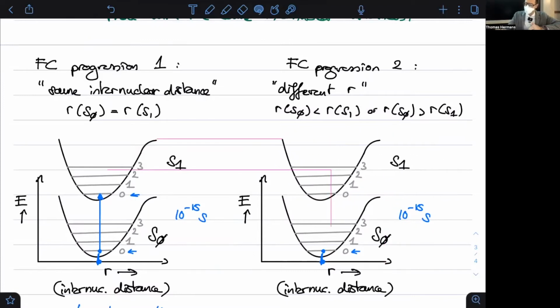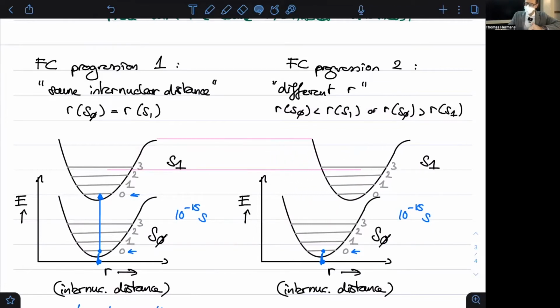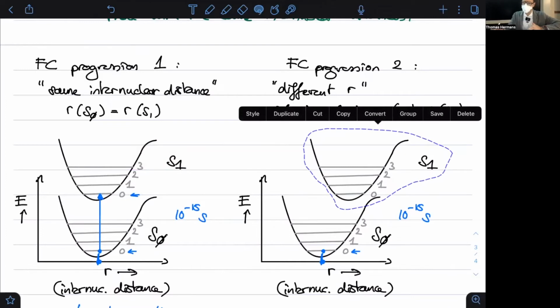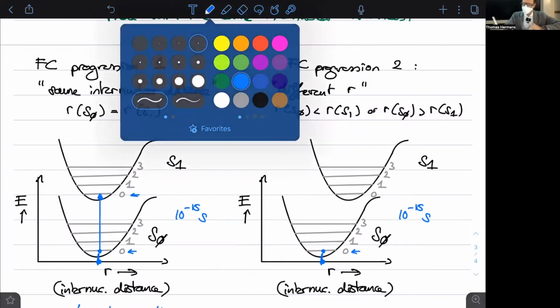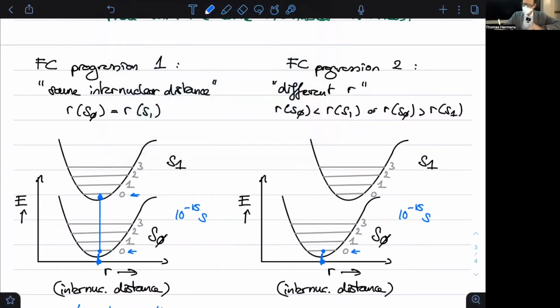I'm changing the energy landscape as a function of internuclear distance. And typically, this is the case, it will be shifted somewhere like this, I hope. Okay, so now I'm going to absorb, and I have to go straight up.